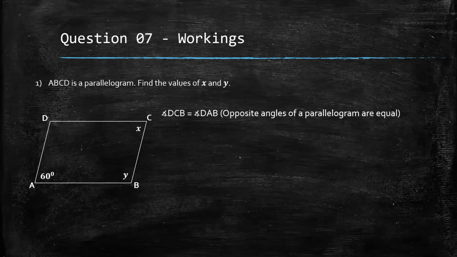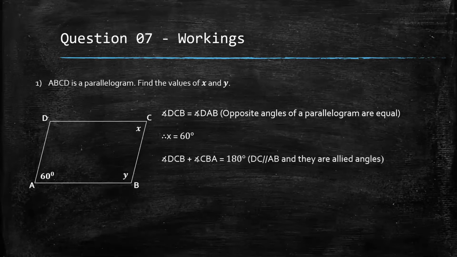You need to know the basic characteristics of a parallelogram to get this answer. Therefore x equals 60 degrees, and it is very simple if you know the basic characteristics.